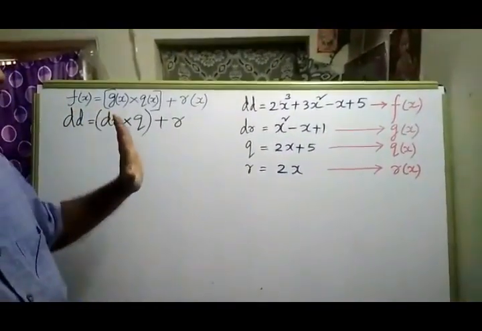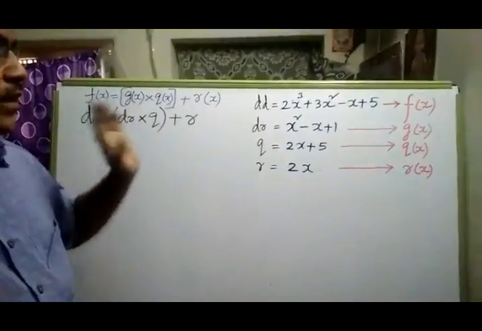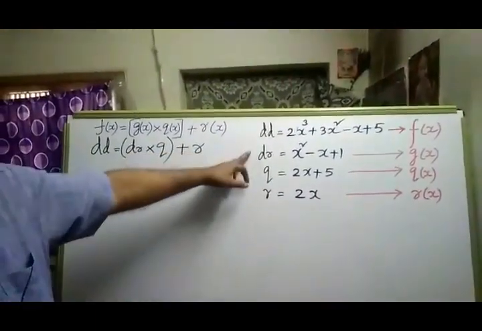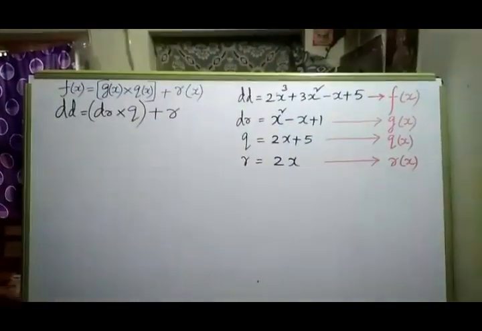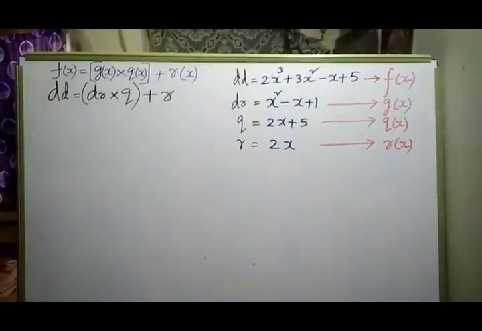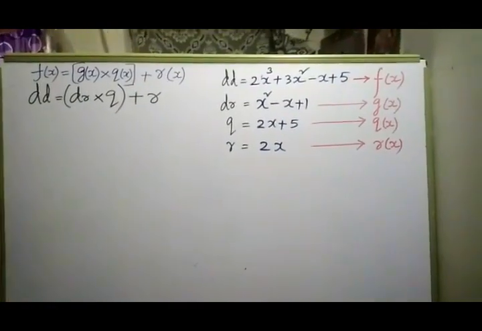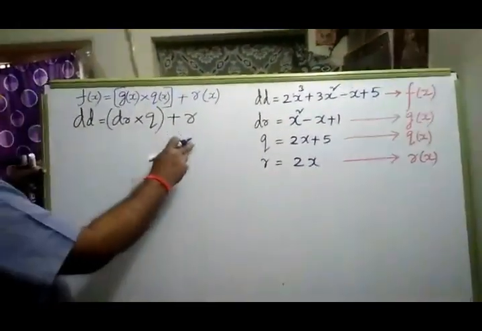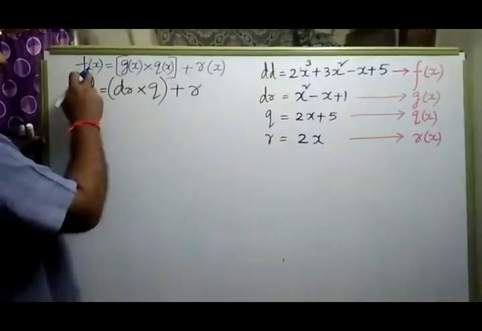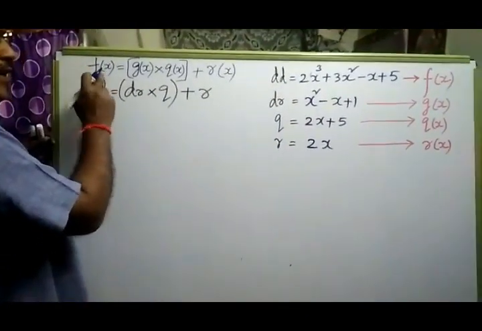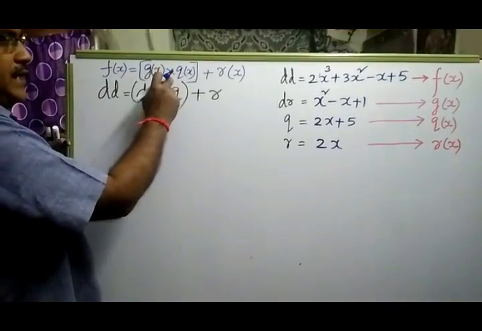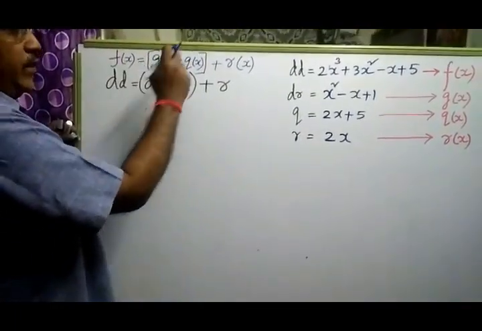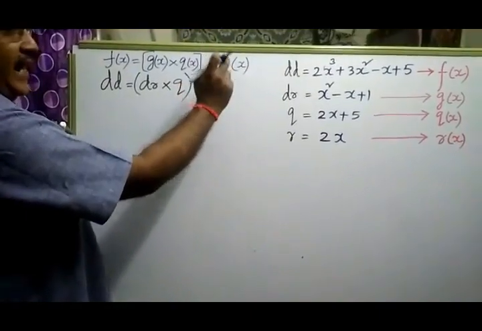Substitute those values in the division algorithm. Dividend is equal to divisor into quotient plus remainder. That is nothing but, for polynomials, f of x is equal to g of x into q of x plus r of x.